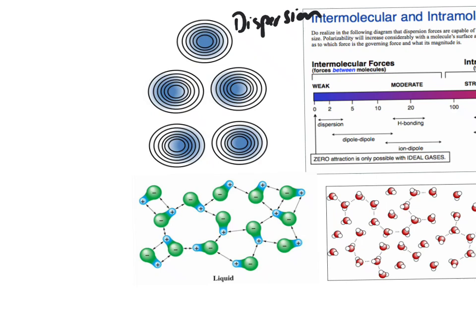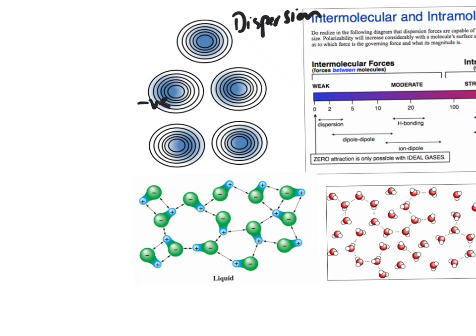At some point in time, those electrons can all sort of move to one side of the atom, just randomly. What that does is it creates a partial negative charge. Minus delta, negative. I might write that a lot this semester. Where the electrons are, they have a negative charge, so they create a density of negative charge in that area.